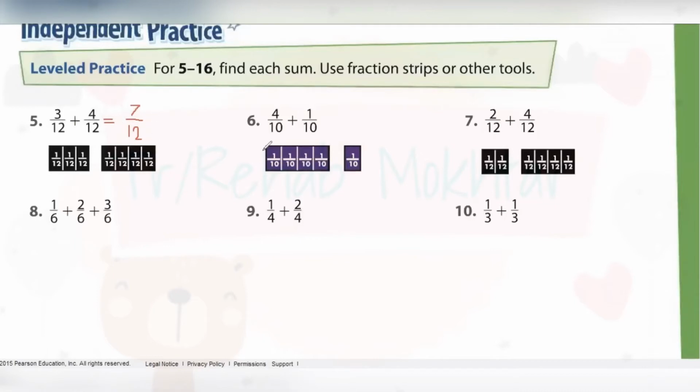Number 6, 4 out of 10 plus 1 out of 10. We have here 4 tenths plus 1 tenth. So we have 5 tenths, which is 5 out of 10.